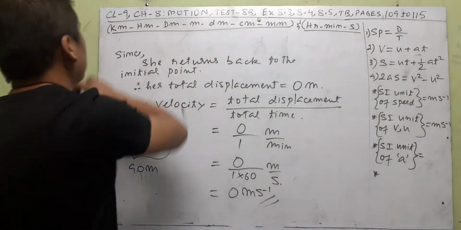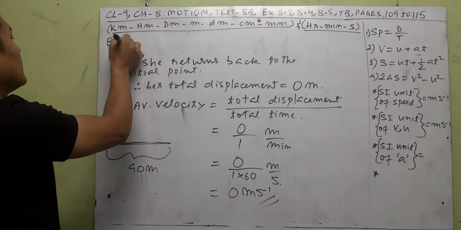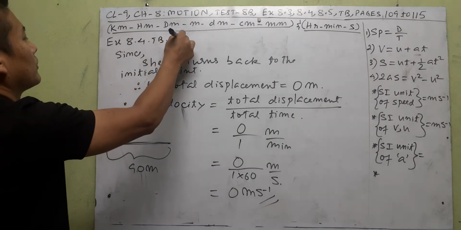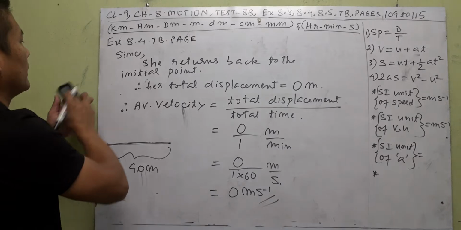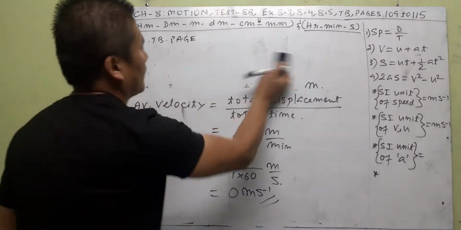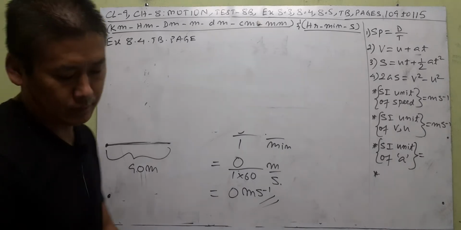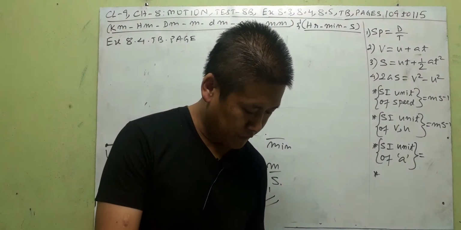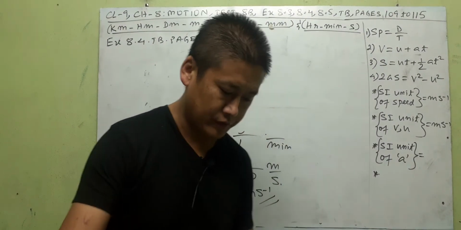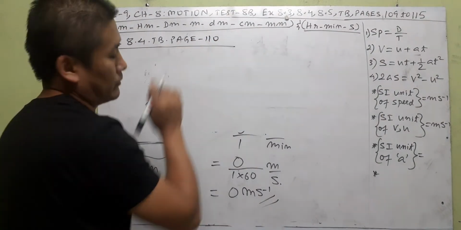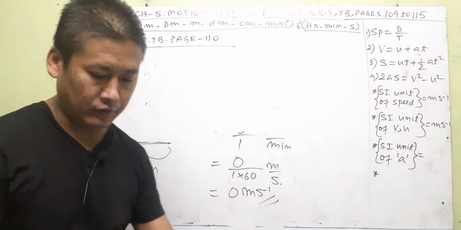Let us go to 8.4. So example 8.4, textbook, you will find it on page number 110. But we're going to modify this a little bit, so you better write the question.